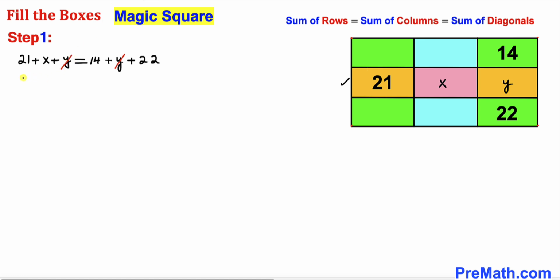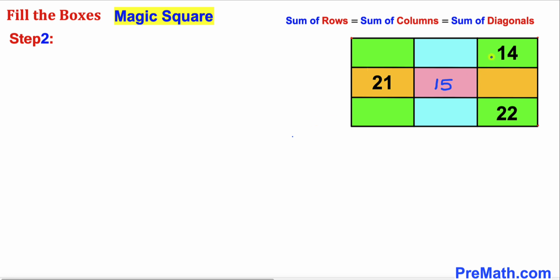On the right hand side, adding these numbers gives us 36. So 21 plus X equals 36. Let's subtract 21 from both sides. This is gone, so our X value turns out to be simply 15. Therefore, we are going to replace this X by 15 in this box.